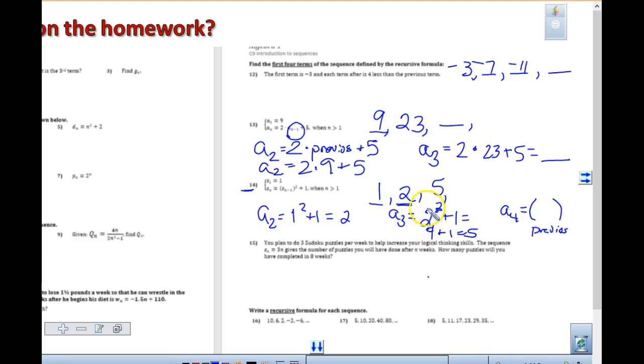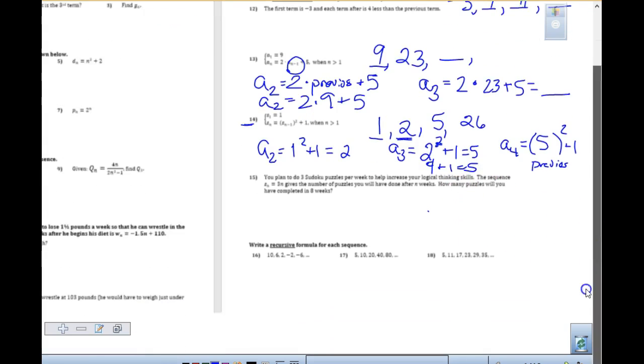When I had 3 here, the previous one was 2, and I squared it and added 1, and I got my third term, which was 5. So to find the fourth one, I have to take the previous, the third term, which is 5. I'm going to square that and add 1. So I take 5 squared, which is 25, plus 1 gives me 26 for that term, okay?